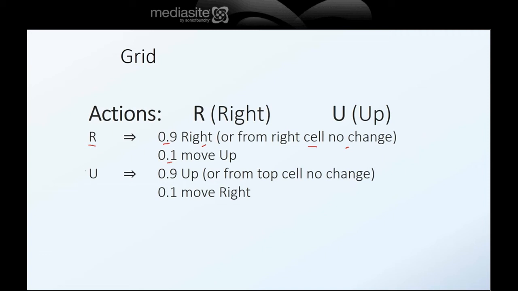Likewise, an up move will take the agent up with a probability of 0.9, and if it is a top cell, then there will be no change in the state, and with a probability of 0.1 it will be a right move instead. So 0.9 is the probability of taking the correct move, and 0.1 is the probability of taking the other move. There are two actions here, right and up. And we'll assume for simplicity that the discount gamma is 0.5.